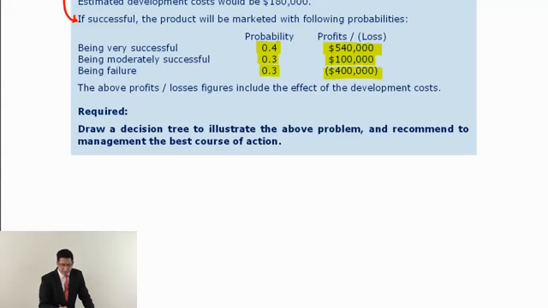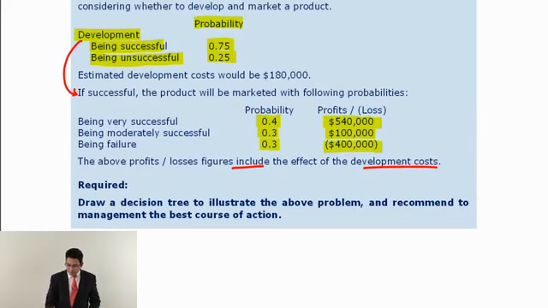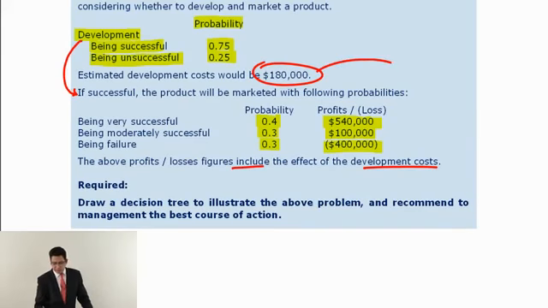Okay, the last part is the above profits or losses figures include the effect of the development cost, meaning this development cost, which was $180,000, that has already been adjusted into these values, because it says clearly the above profit and loss figures include the effect, meaning this 180 has already been deducted from the total profit or loss.